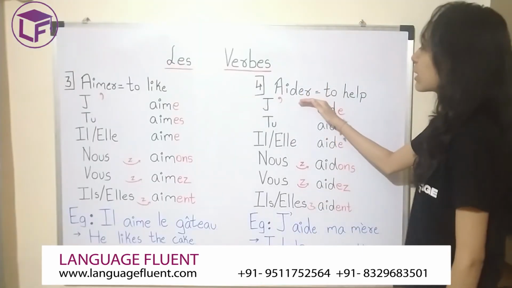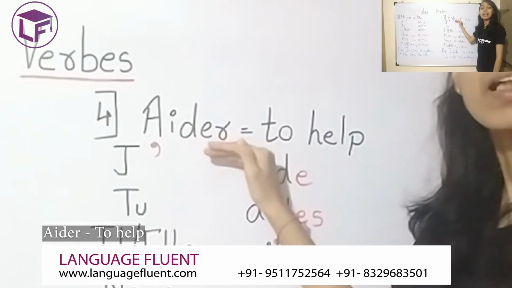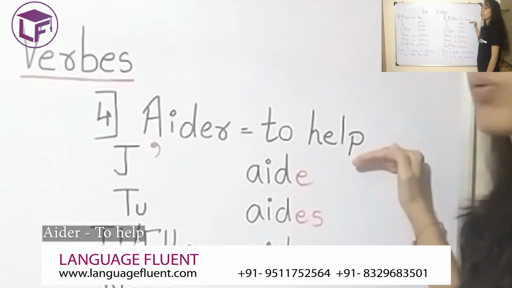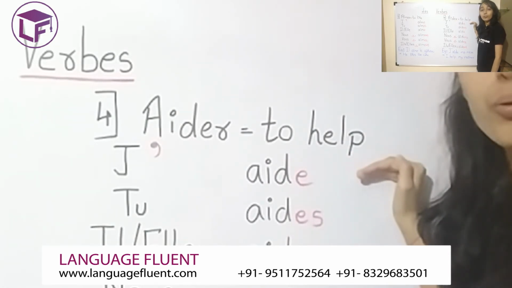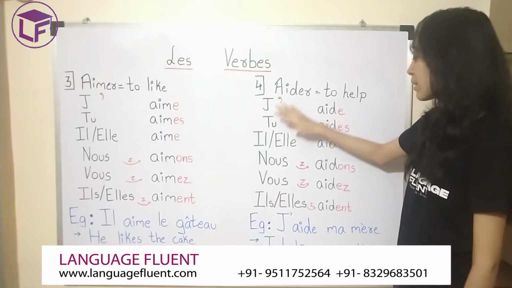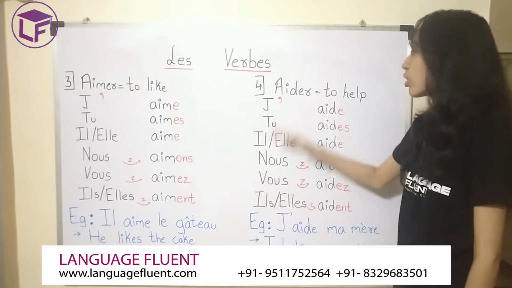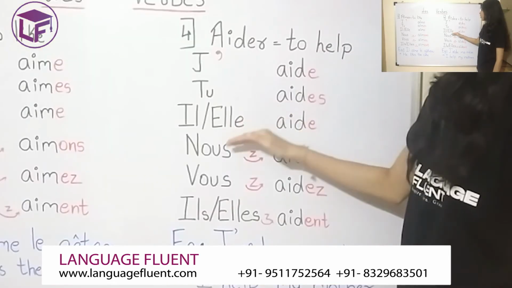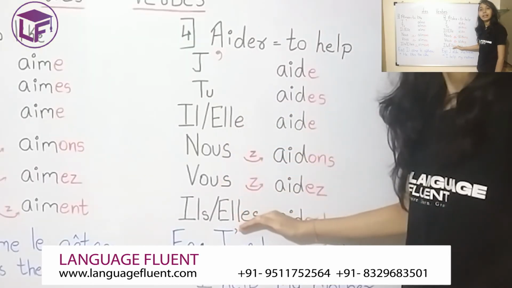The fourth one is aider, which is to help. We write subject pronouns as it is. Je, tu, il, elle, nous, vous, il, elle.